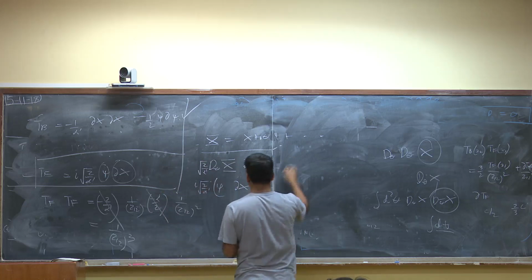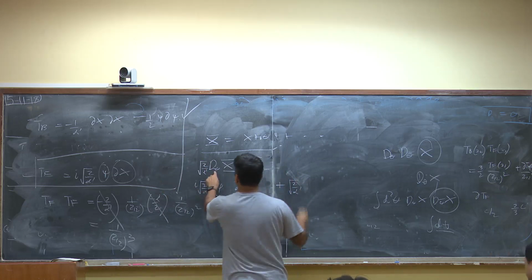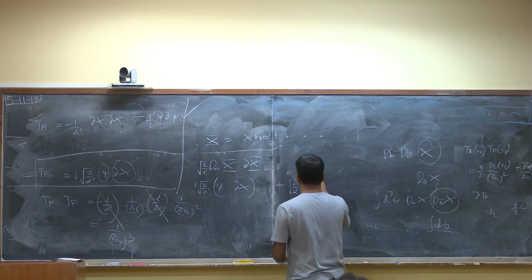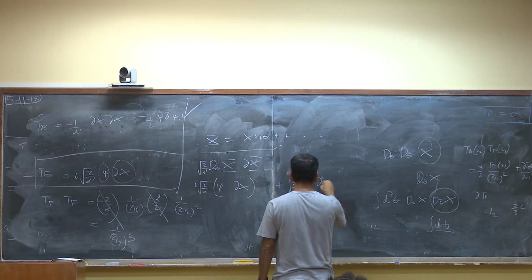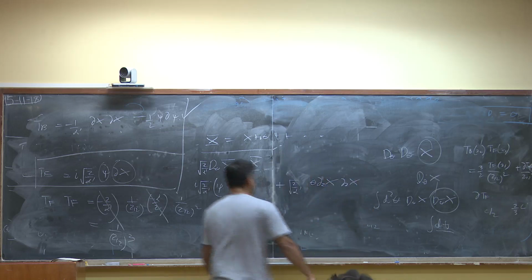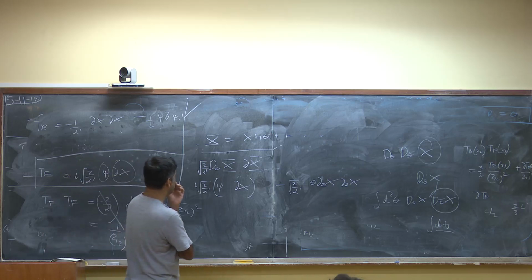There's this plus square root 2 over alpha prime, then there's the term which is theta del z, del z x. And multiplied by alpha prime, so it has to be divided.